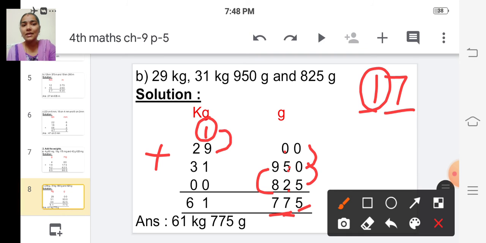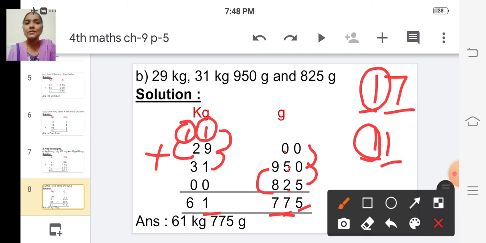Okay. So now we shall add. So 1 plus 9 is 10 and 10 plus 1 is 11. 11 is also a 2-digit number. So write 1 in the answer and carry over this 1 to the next place. Okay. Now add 1 plus 2 is 3 and 3 plus 3 is 6.